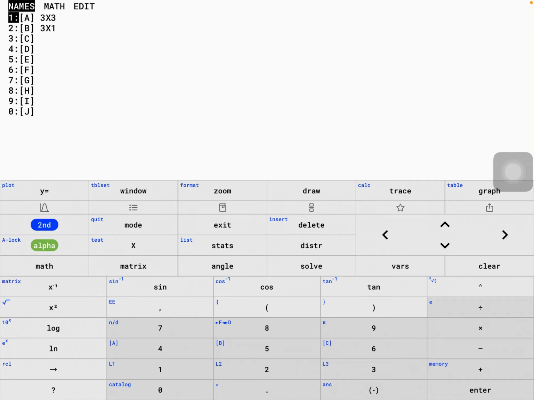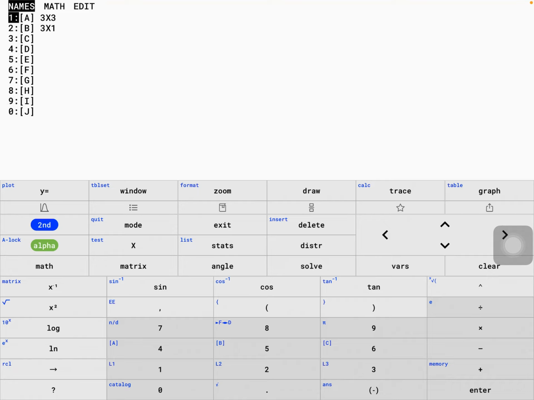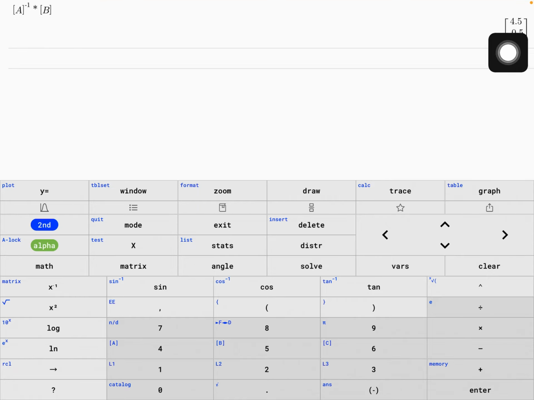I hit matrix, choose A under the names tab, and then use this inverse button, which puts a little -1 power on it. Then times, and then matrix again, and matrix B is 2. If I hit enter, it's going to give me these values, 4.5, -0.5, and -3. And those are the values for x, y, and z.